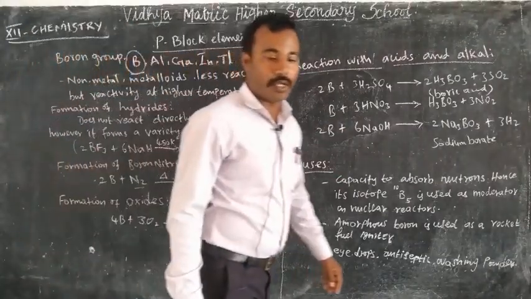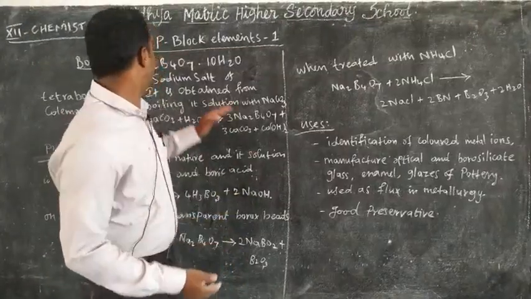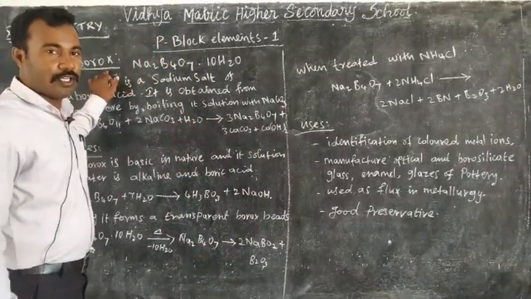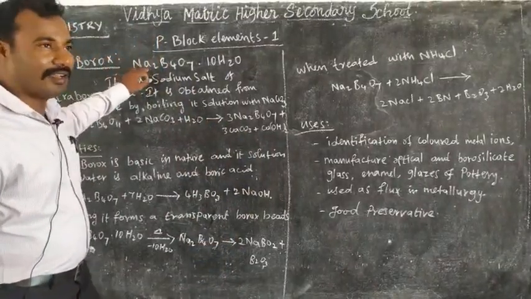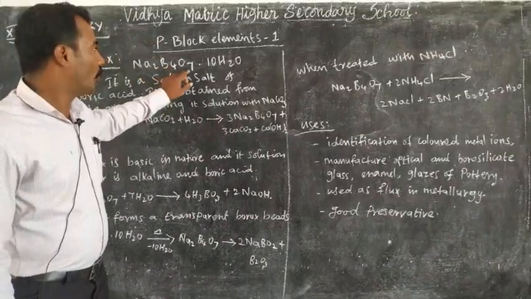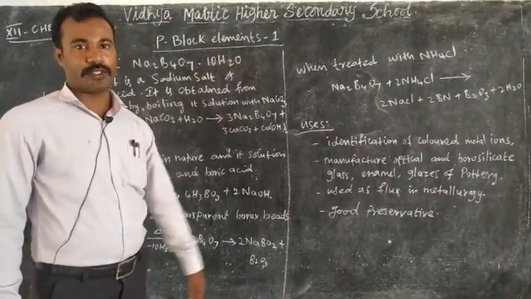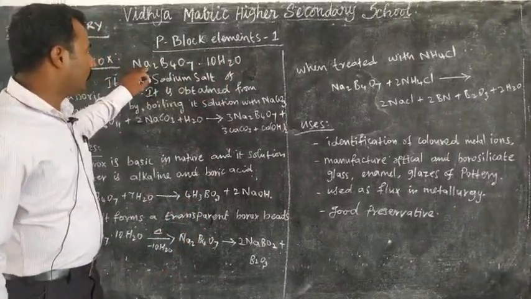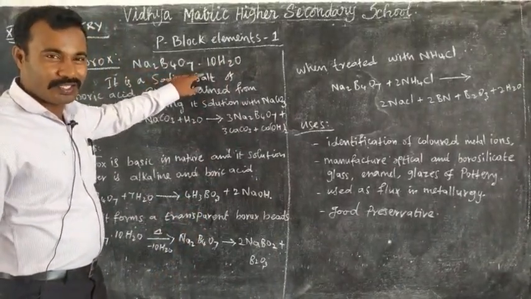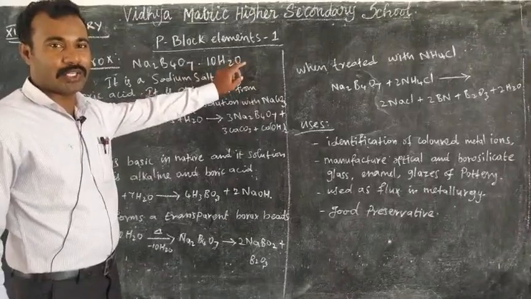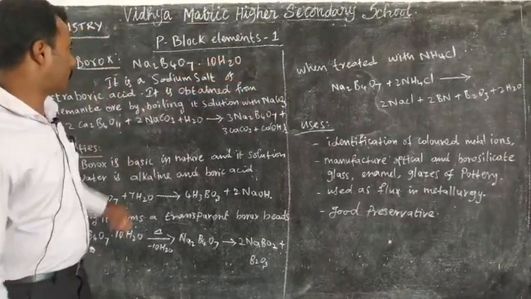Next one, borax. The borax formula is Na2B4O7·10H2O, with 10 water molecules. Again I am telling, Na2B4O7 with 10 H2O water molecules is borax.